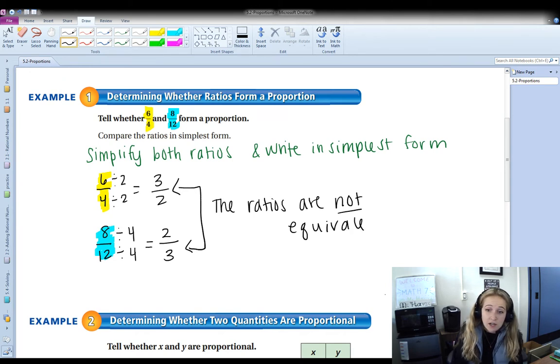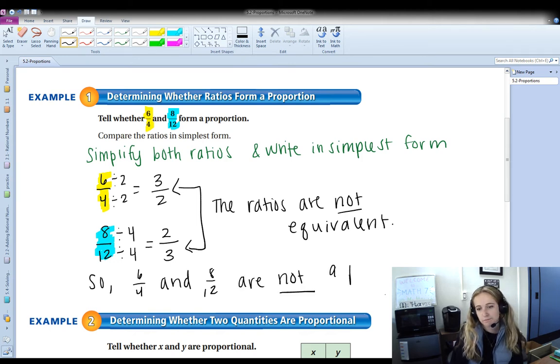And if they are not equivalent, that means that we're going to write this out. So 6 over 4 and 8 over 12 are not a proportion. Okay, so those are not a proportion. And that is because when we simplified both fractions, they did not equal each other. So that's how we determine whether ratios are a proportion or not. Okay, make sure you have that down in your notebook.